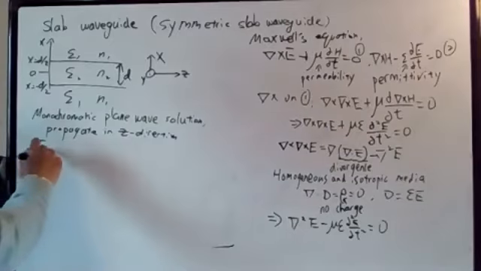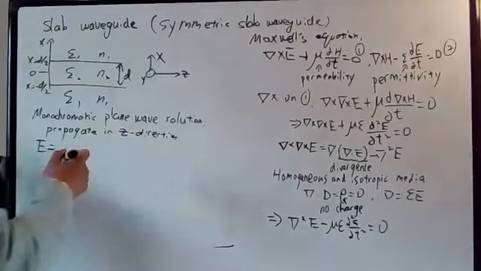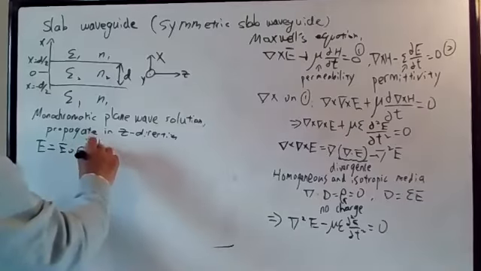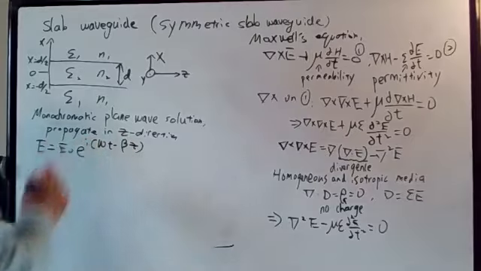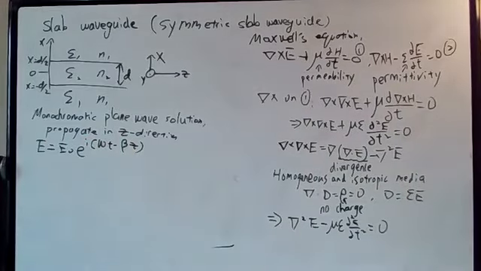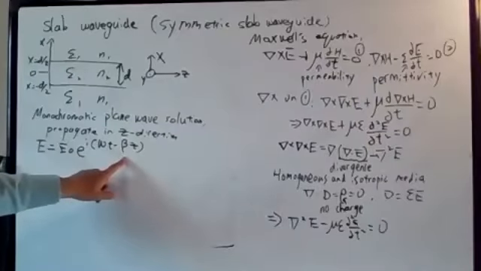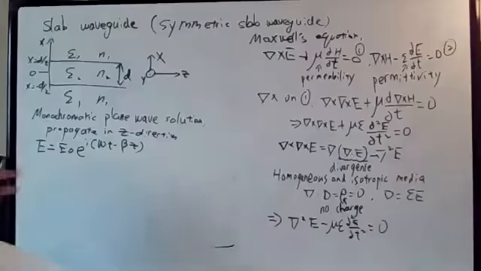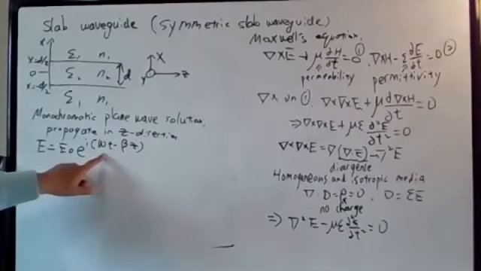Let's assume E has harmonic waves: E equals E naught exponential i omega t minus beta z. So this beta is the propagation constant, just like this k naught. This omega t is the time harmonics.